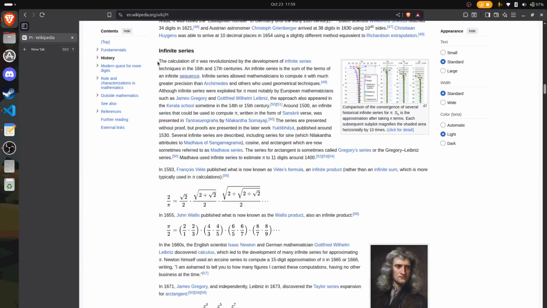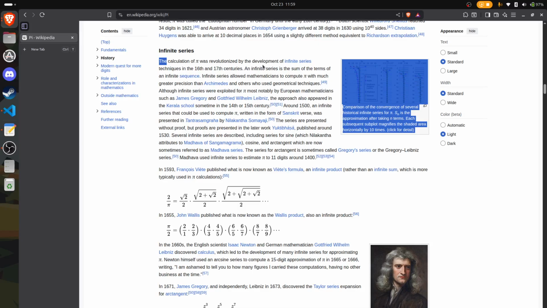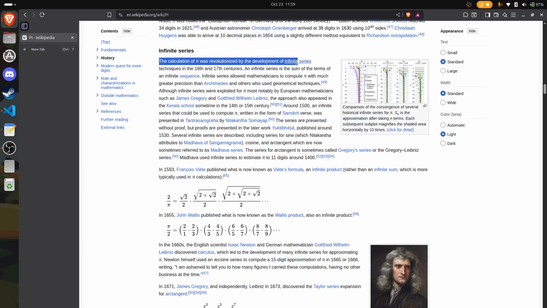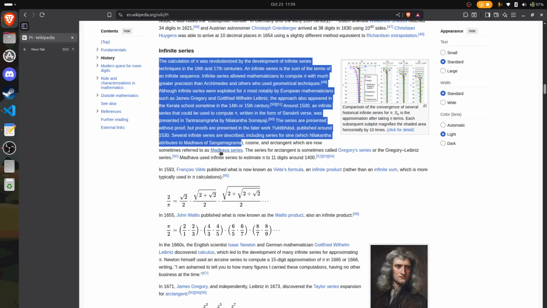And, there we go. Calculation of pi, revolutionized by the development of infinite series techniques. Well, let's grab one of these infinite series. Viète's formula. Let's try Viète's formula and see how it goes. The infinite product, square root of 2.